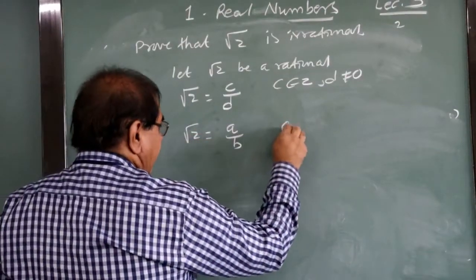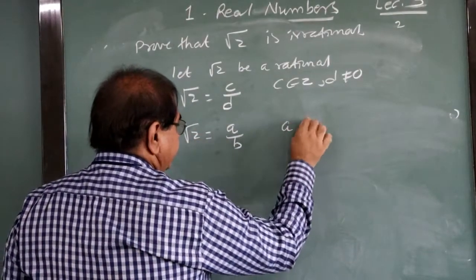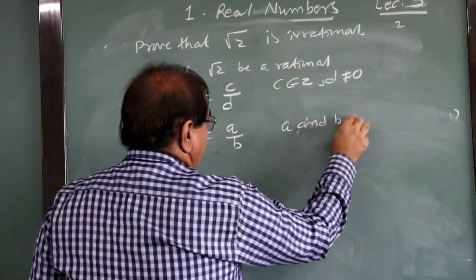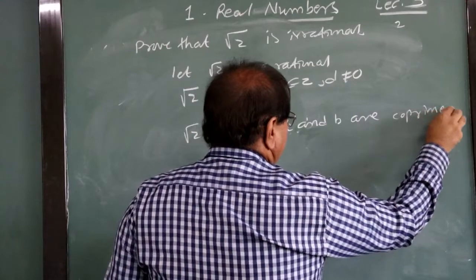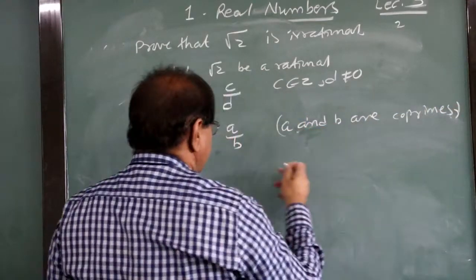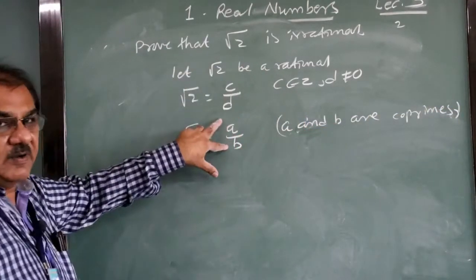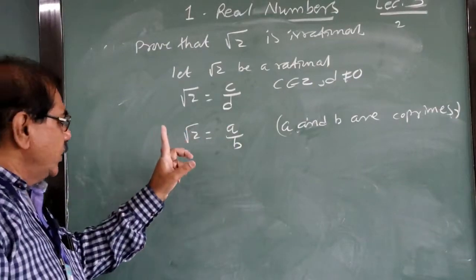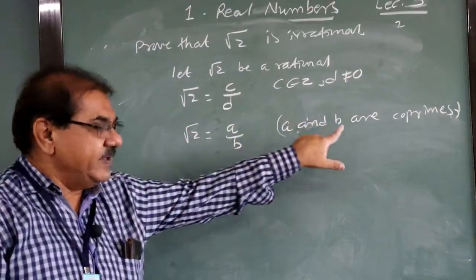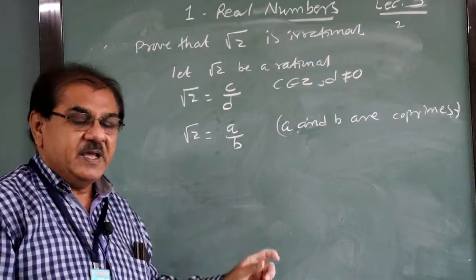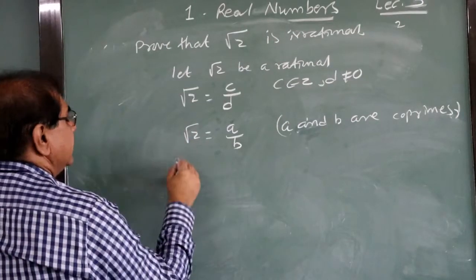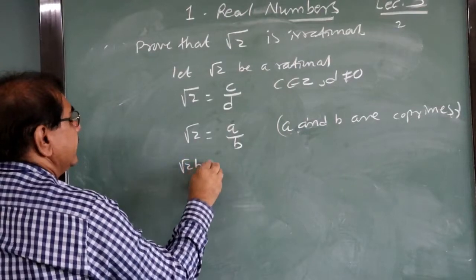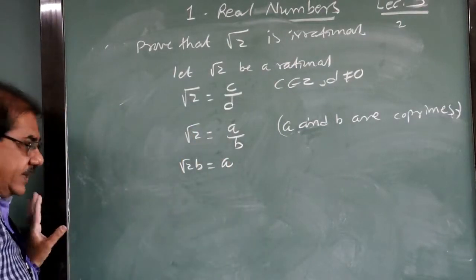So I can say A and B are co-primes. They are mutually prime numbers, so they don't have a common factor. It is our assumption. So root 2 is a rational number with this condition that A and B have no common factor. Okay. So I change the side of B. So it is root 2 B is equal to A. Okay.